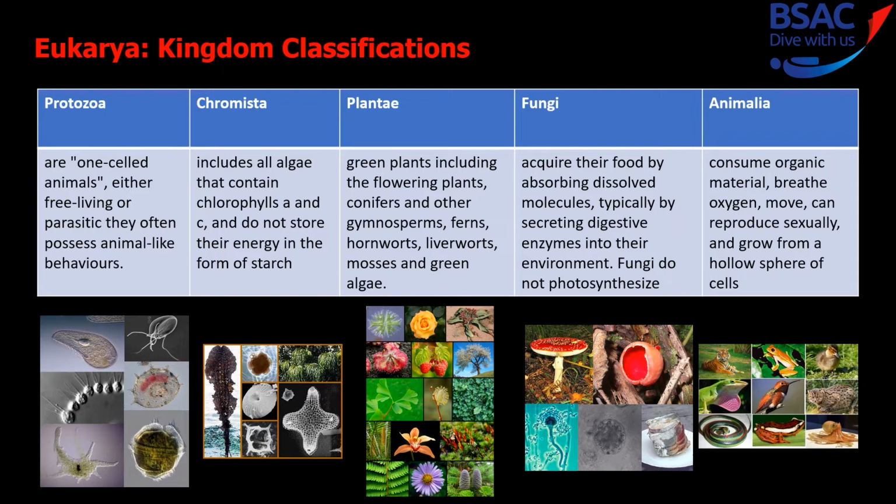Fungi by definition acquire their food by absorbing dissolved molecules, typically by secreting digestive enzymes into their environment. Fungi do not photosynthesize. We will be considering Animalia, which basically consume organic material, breathe oxygen, move, reproduce, and grow from hollow spheres of cells called blastulas.